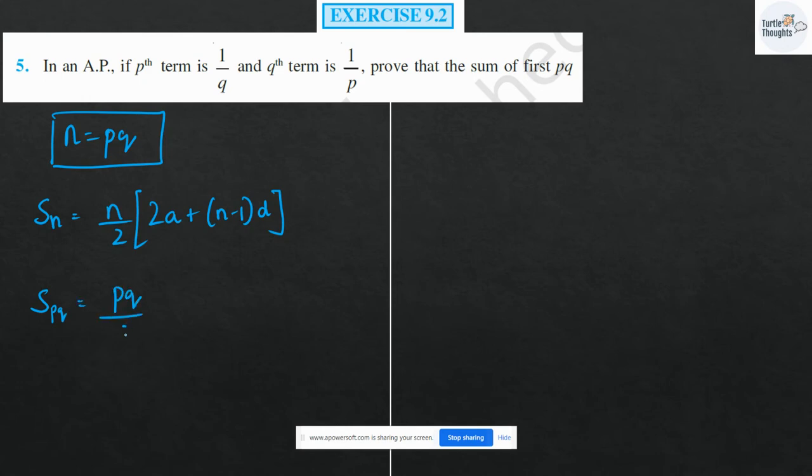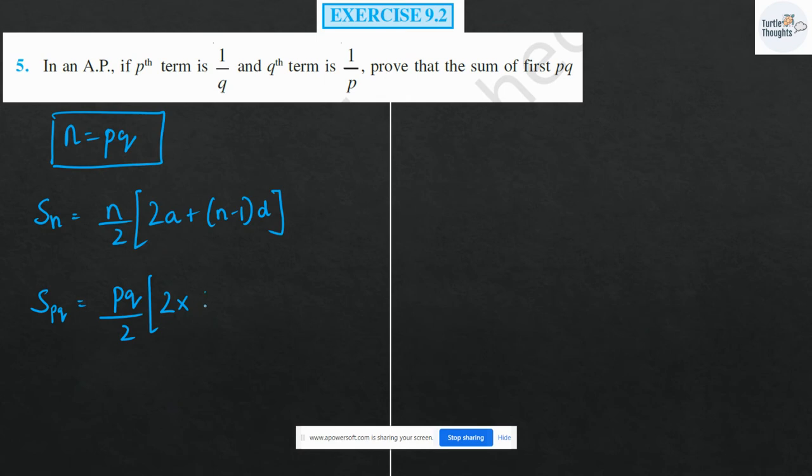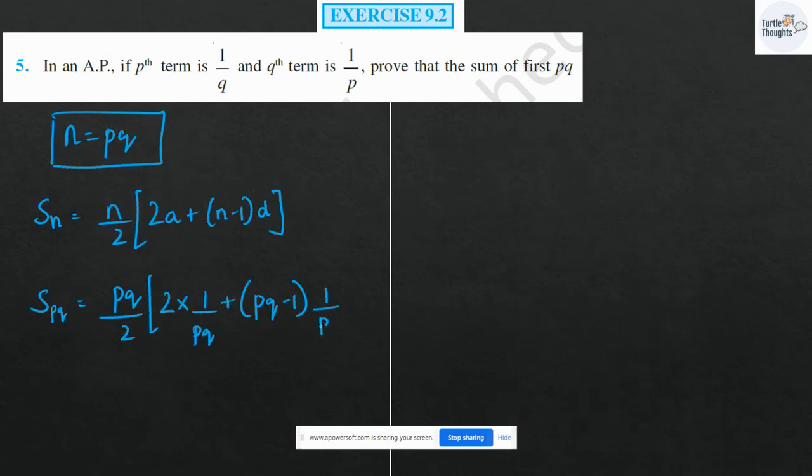Substituting the values for N will be equal to PQ, so here I will be putting PQ. This will be equal to PQ divided by 2 multiplied by 2 multiplied by what is your A value? A is 1 by PQ, so can I write 1 by PQ plus N. What is your N? N is PQ minus 1 multiplied by D. What is your D? D is also 1 by PQ. So solving, I will be getting the sum of PQ terms as PQ divided by 2.